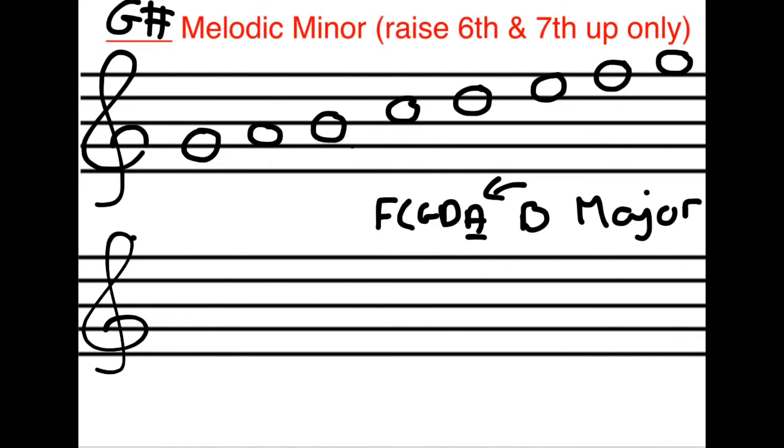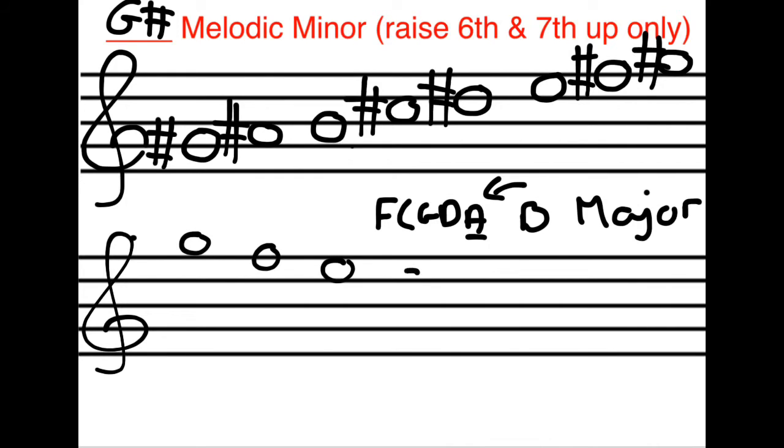Okay, so you need an F sharp, you need a C sharp, you need G sharps, plural, because there's one at the beginning and one at the end, and you need a D sharp, and you need A sharp. Okay, so we'll do one going down as well, just from your G descending.